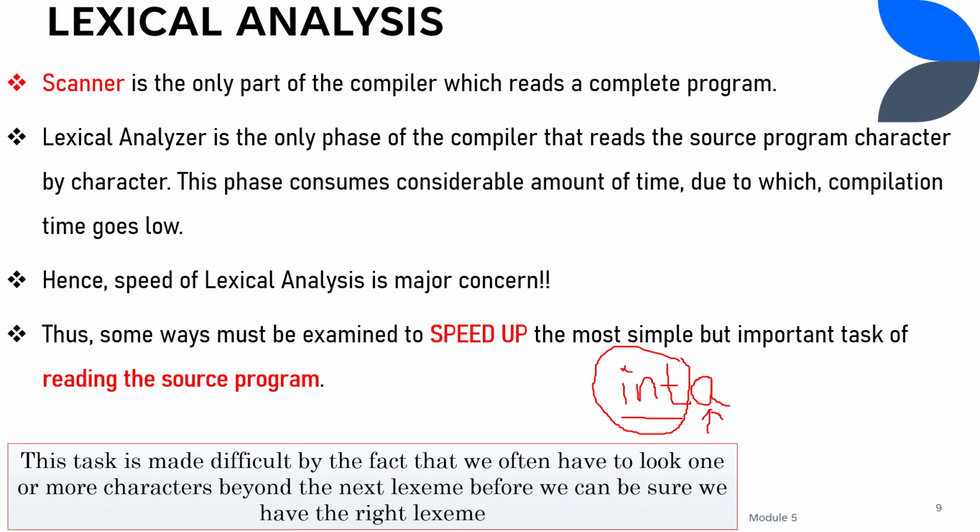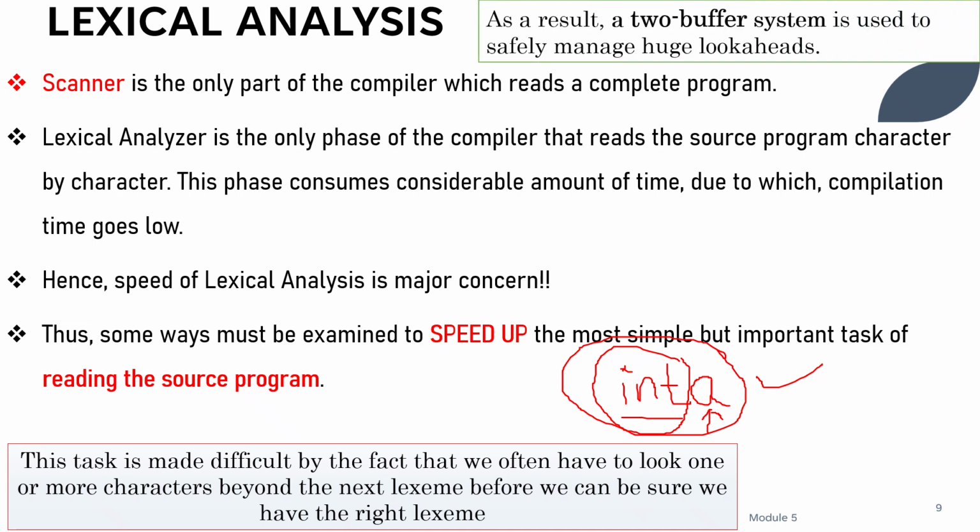But since a is written, I have to group this particular lexeme into identifier. Thus, to decide which category of lexeme the group of characters already read falls under, we need to look one character ahead.